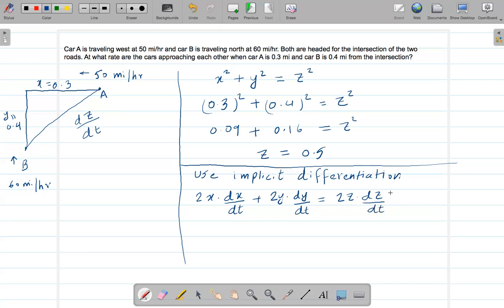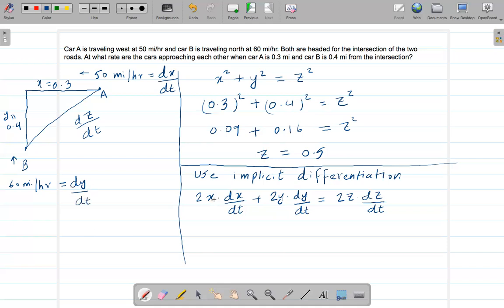Since this is the x-axis, the value here, 50 miles per hour, is dx over dt. And this one is traveling on the y-axis, so this is dy over dt.